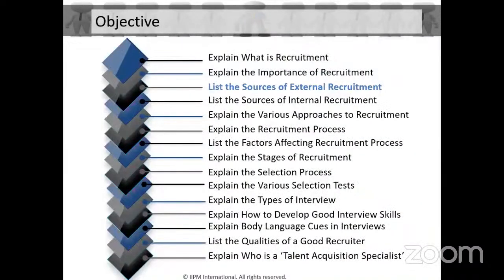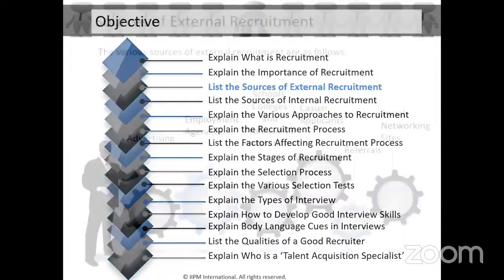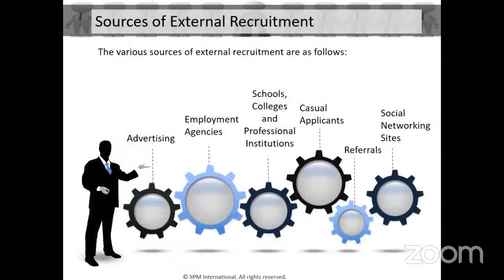So let's talk about the sources of external recruitment, and then we'll talk about the sources of internal recruitment. Some of the sources of external recruitment are, like we said earlier, advertising, employment agencies, schools, colleges, and professional institutions, casual applicants, referrals, social networking sites.